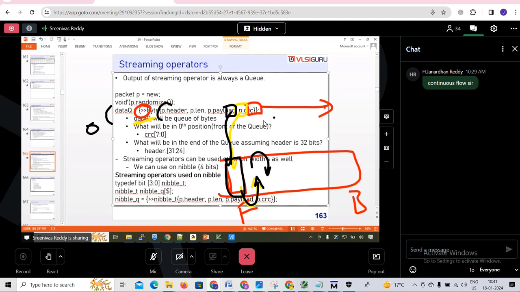The header's most significant 8 bits will be there, meaning the uppermost bits. What will be at the end of the queue? The CRC's lowest 8 bits, the least significant 8 bits. Understood, everyone?